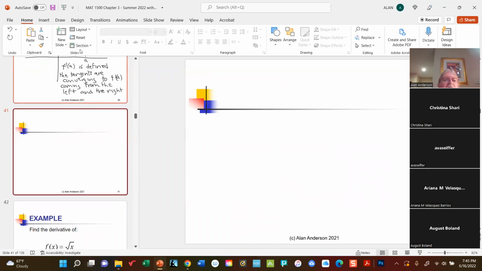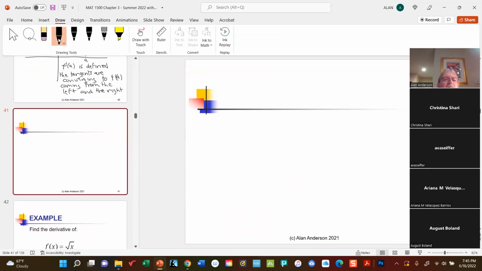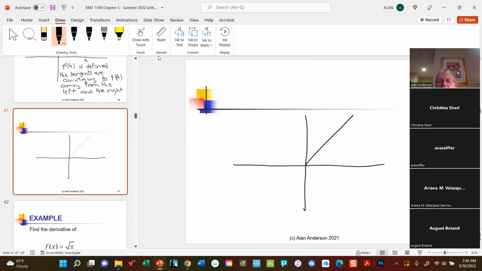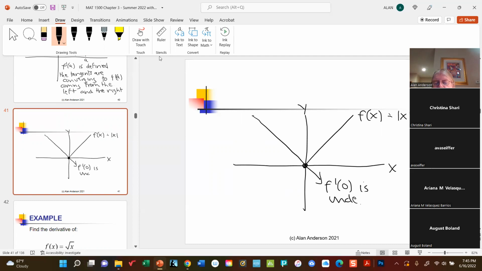Suppose that the function is our old friend, absolute value of x. Now, there's a problem here. f prime of 0 is undefined.